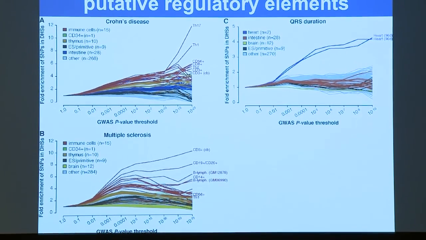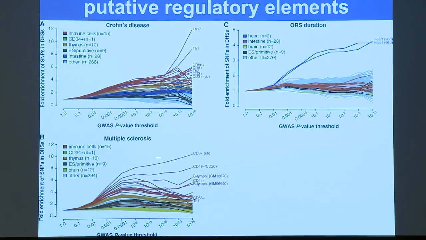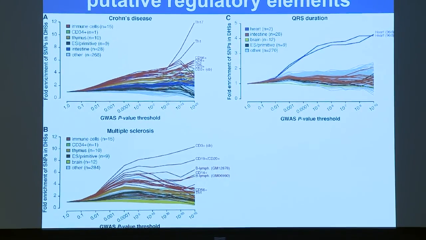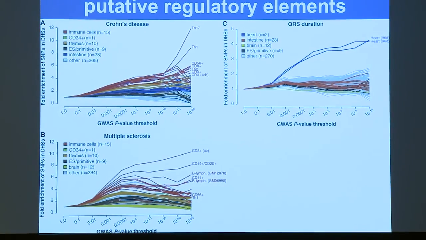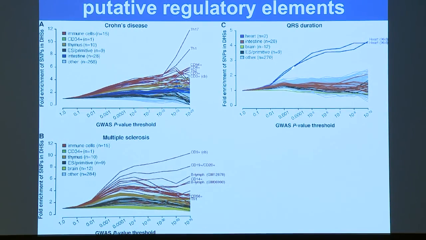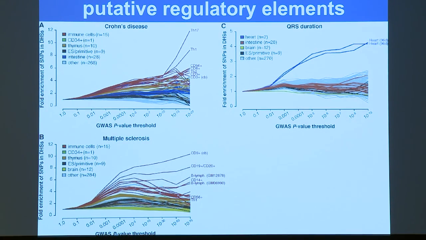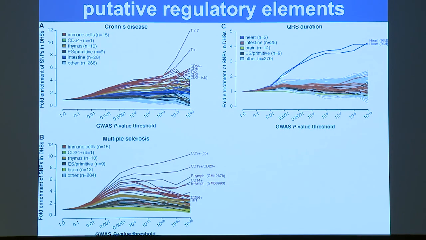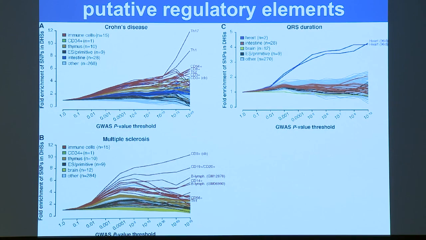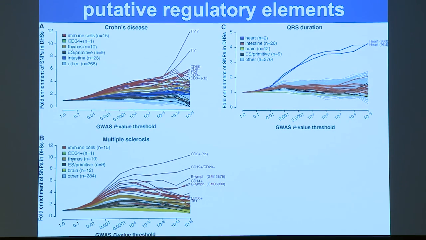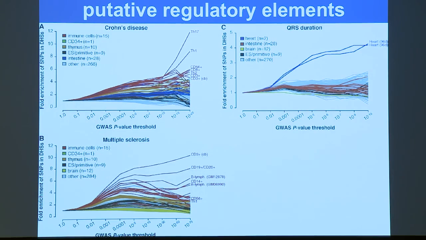You see strong enrichment of hits within these regions, but the reason you believe the signal is real is because it's frequently very highly tissue specific or cell type specific, right? I don't know how many of you are as far from clinical medicine as I am, so I had no idea what QRS duration is, and QRS duration is one of the electrophysiological phenotypes for the heart. When you look at the enrichment, it is specific to heart tissue and not observed in other tissues.